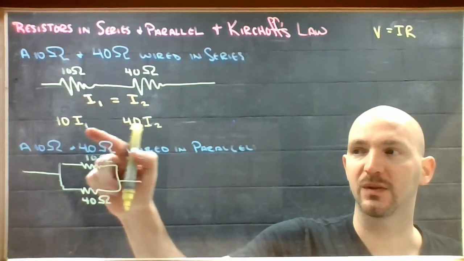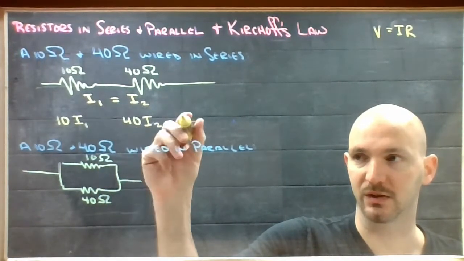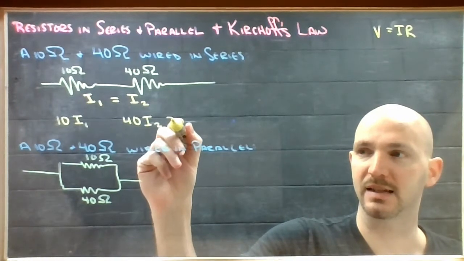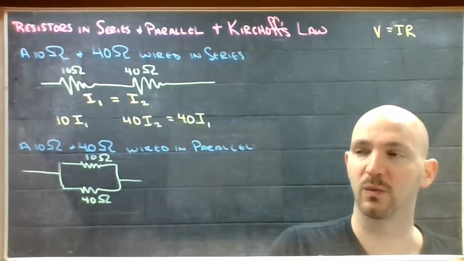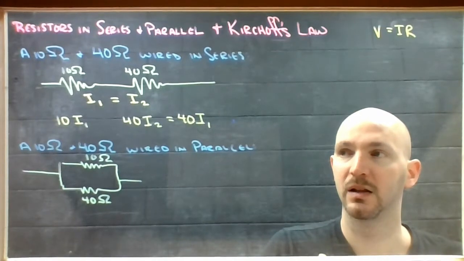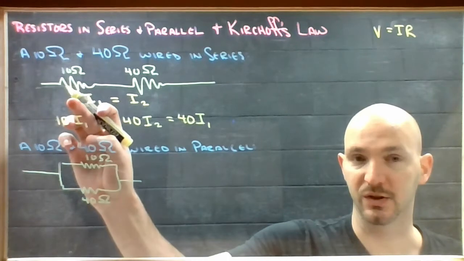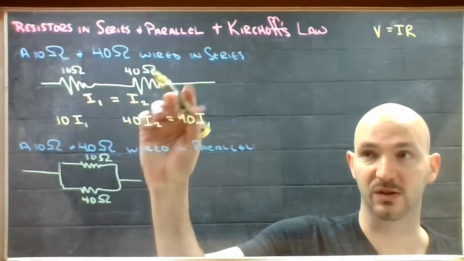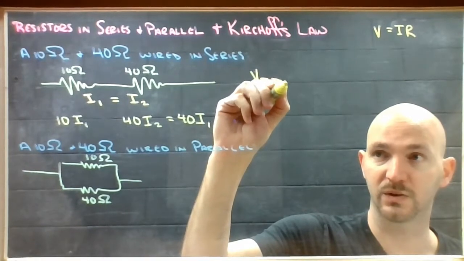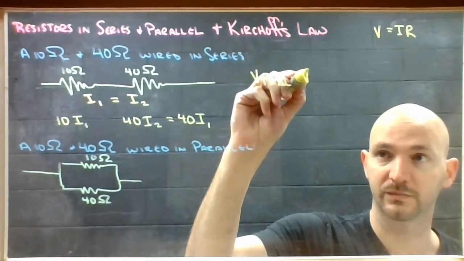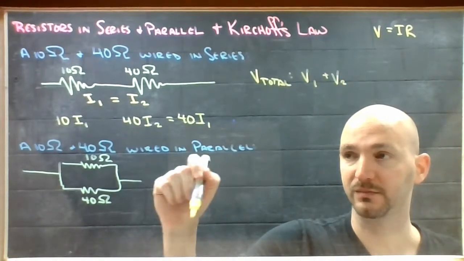But then these two currents are identical. So that's the same as 40 times the current through number 1. And if I were to add up these voltages, the voltage consumed by this and the voltage consumed by that, that should be the total consumed. Voltage through 1 plus the voltage through 2.